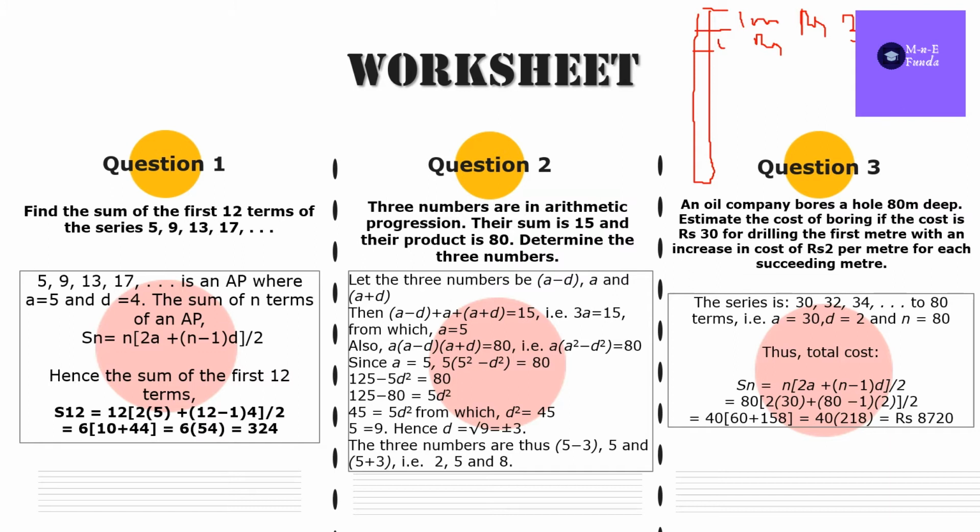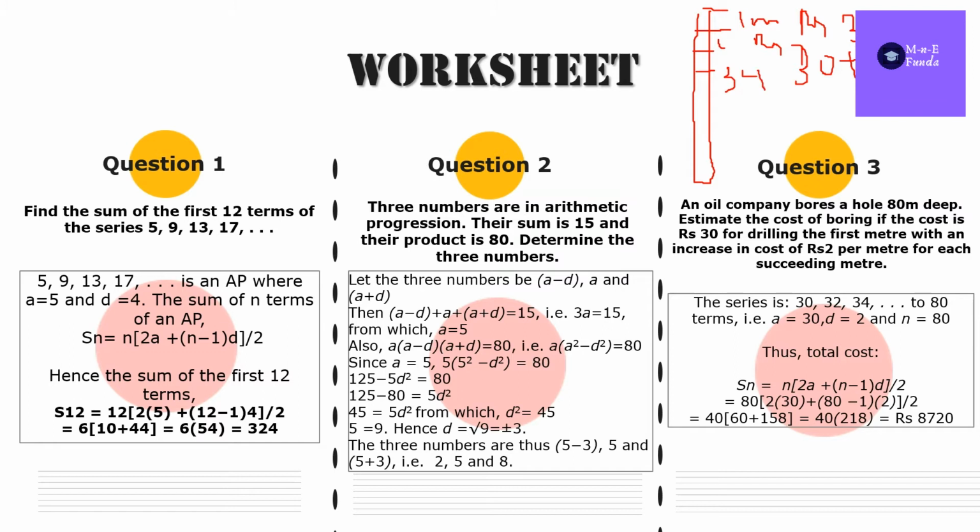So for the first two successive meters, we have to pay rupees 30 plus 2, that is 32. For the next meter, we have to pay 32 plus 2, that is 34, like this.